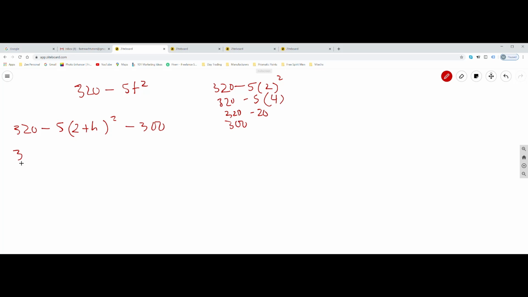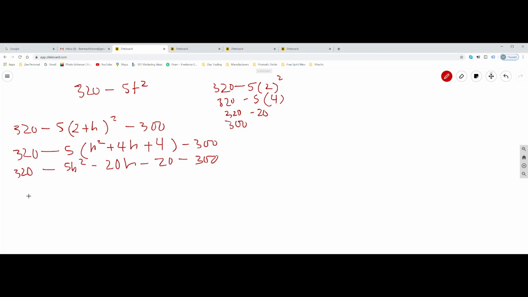So 320 minus 5, and we can do this out, which would be h squared plus 4h plus 4, minus 300. So we have 320 minus 5h squared minus 20h minus 20 minus 300.